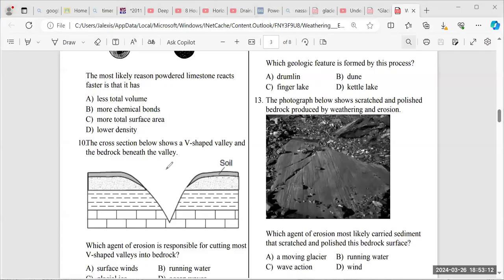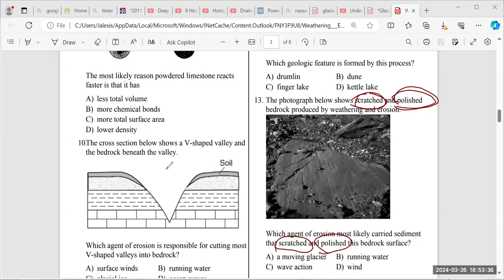The photograph below shows scratched, key word, scratched and polished bedrock produced by weathering and erosion. Which agent of erosion most likely carried sediment that scratched and polished this bedrock surface?